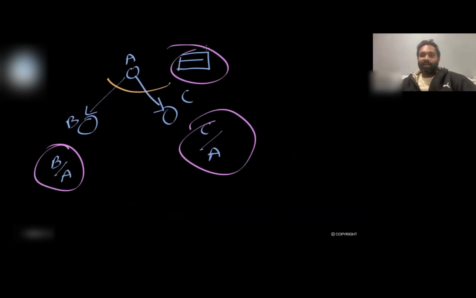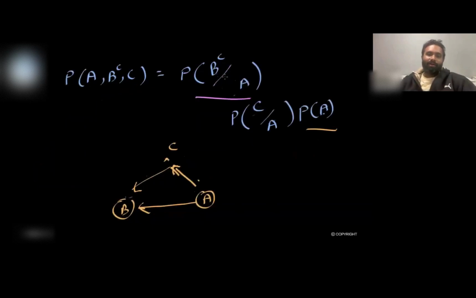If they are not independent, then I can't simplify B complement given A and C, and that's why I would need a table giving the conditional probability distribution of B given A and C both. So still any doubt?